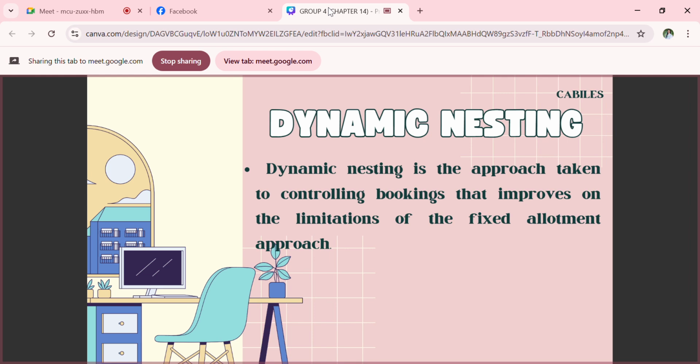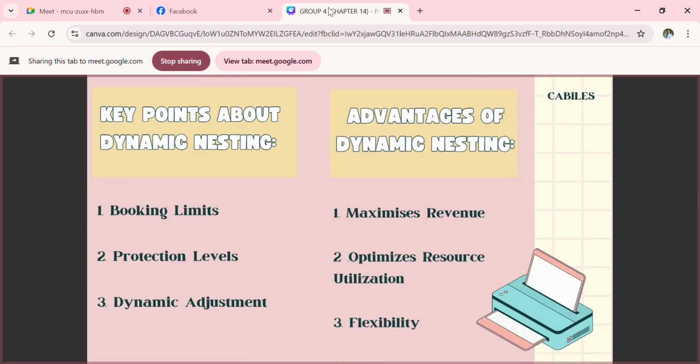Next slide, please. So here are the key points about dynamic nesting. First is booking limits. Each fare class has a specific booking limit, which is the maximum number of seats that can be allocated to the class. Second is the protection levels.